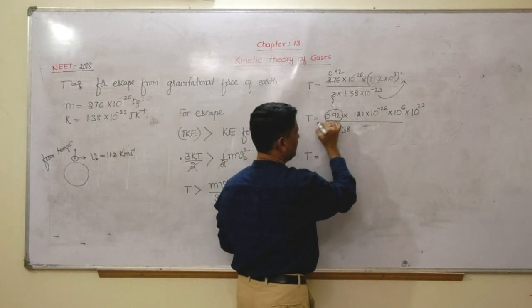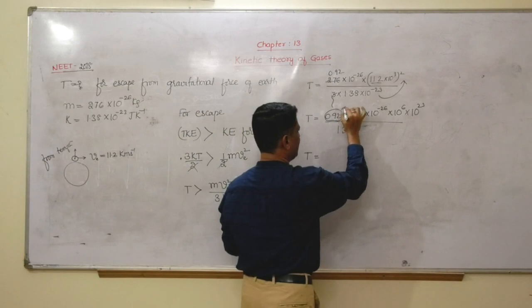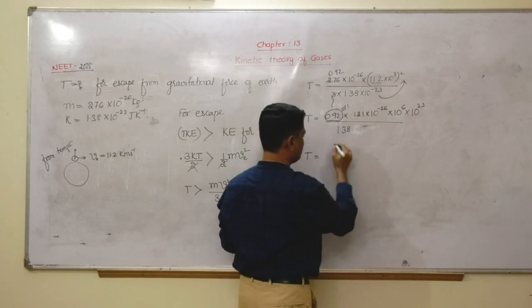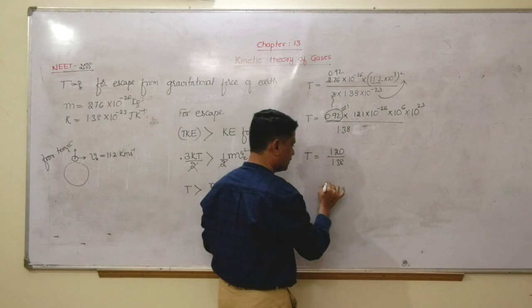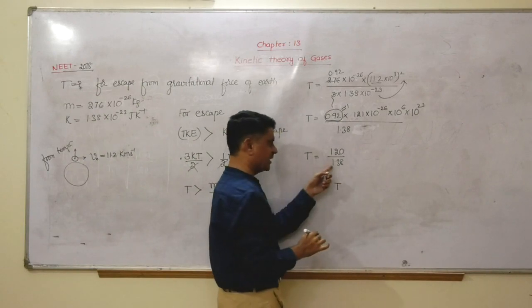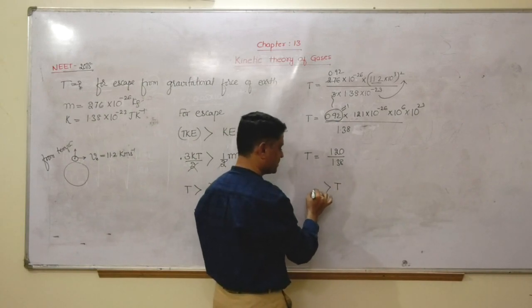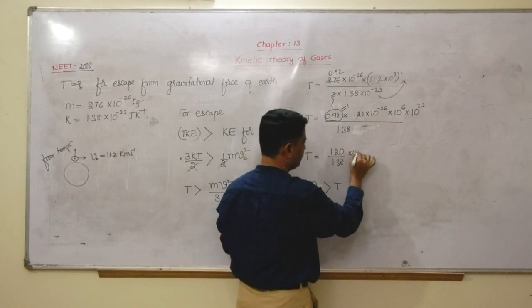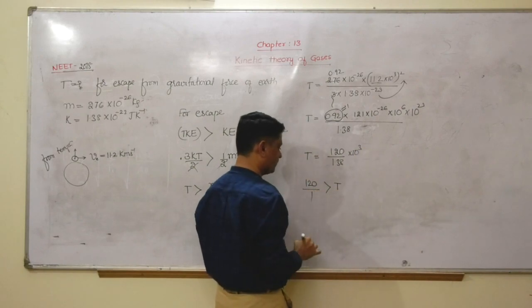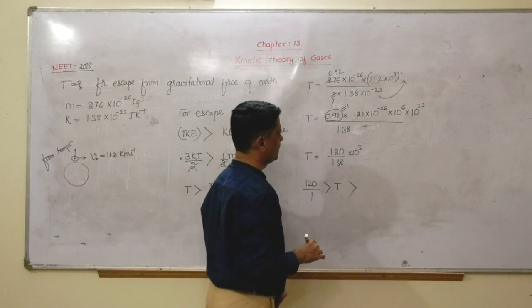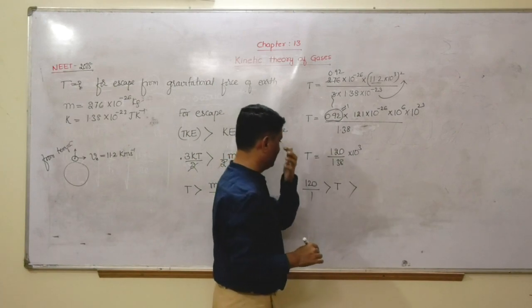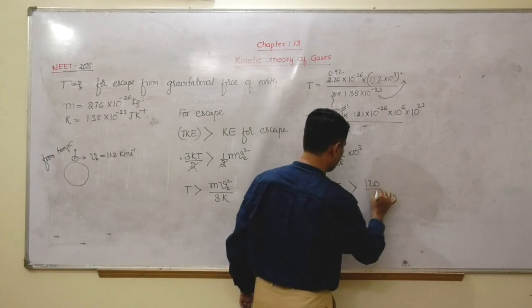This is, if you take nearly equal to 1, this is 120 divided by 1.38 around nearly equal to. So this value must be, if I take less, it becomes smaller than 120 into 10 to the power 3, divided by 1, but greater than 120 divided by 2.